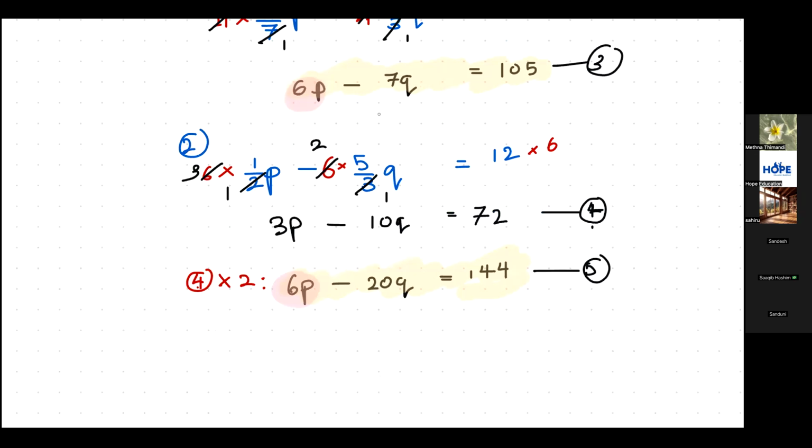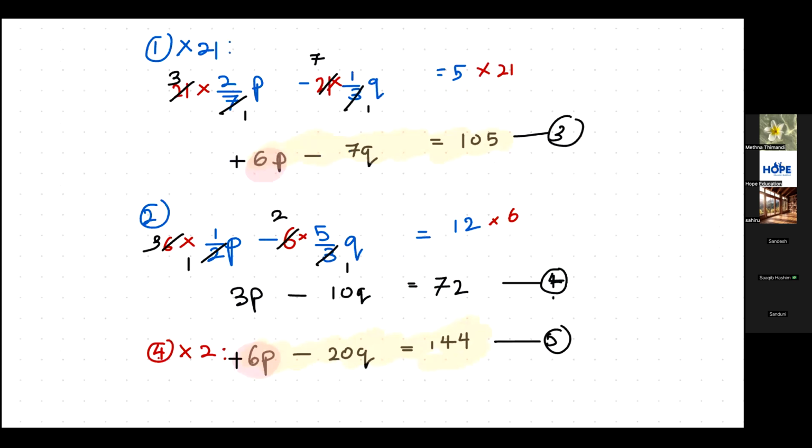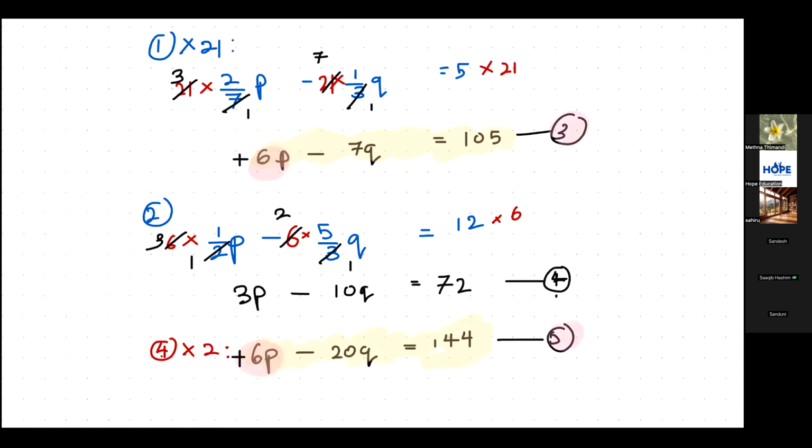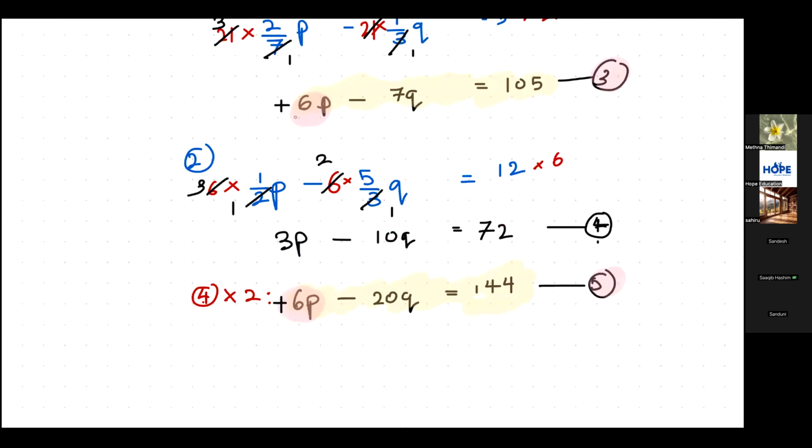If you take this 6p, the sign in front is plus. If you take this 6p also, the sign in front is plus. If the common element has the same sign, plus, what do we do? We subtract the equations. But if the common element has different signs, one plus and one minus, we add the two equations. But here it's the same sign, so we subtract the equations.